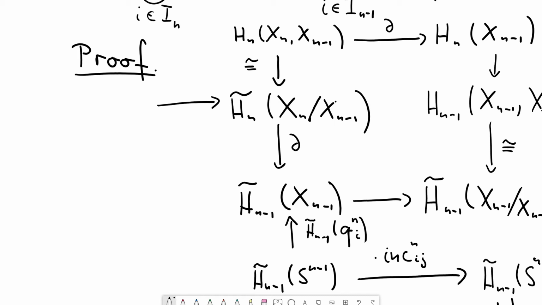This was the map Q_i^n. And this induces, again, a map of quotient spaces because the boundary n-1 sphere is mapped by the attaching map into the n-1 skeleton that's modded out here. So from this map, I obtain an induced morphism here from the nth reduced homology of the n-disk mod out Sn-1.